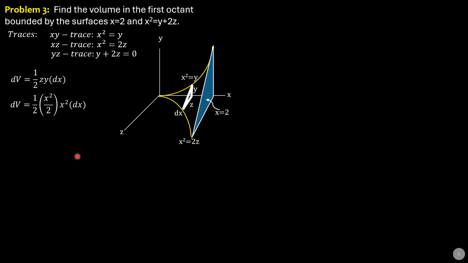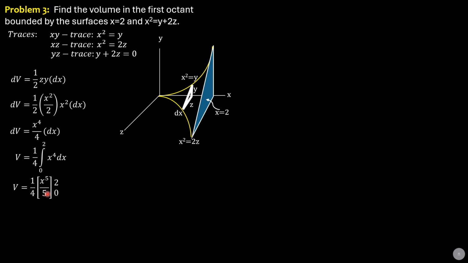Simplifying, the differential volume is x to the fourth dx over 4. Then we integrate: volume equals 1/4 integral of x to the fourth dx from 0 to 2. So the volume is 1/4 x to the 5 over 5 from 0 to 2. 2 to the 5 is 32, divided by 4 is 8, then 8 over 5.